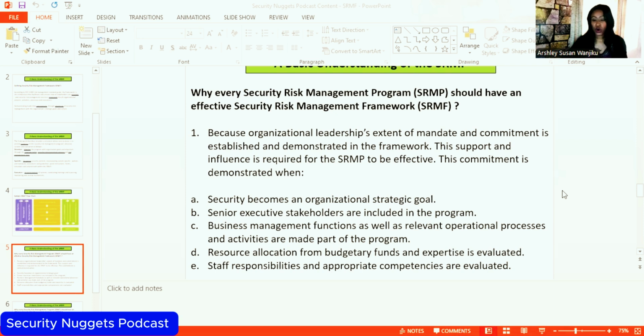Because the responsibilities are well outlined in the framework. Who needs to do this and who needs to do that? When do they need to do this and how do they need to do that? Responsibilities are well allocated there. Everybody knows their part to play and what is required of them as far as that program is concerned.